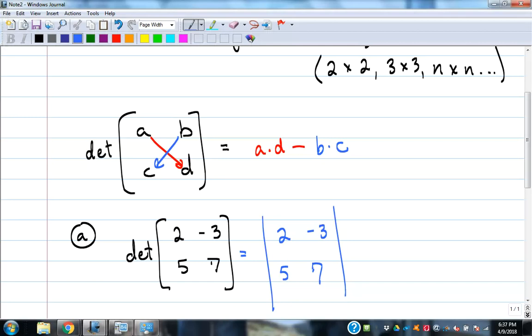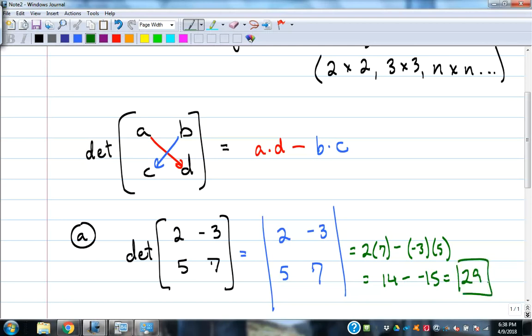Different notation meaning the same thing, kind of like y and f of x are the exact same things. Now, 2 times 7 minus -3 times 5. That's 14 minus -15, which is 29. The determinant is 29.